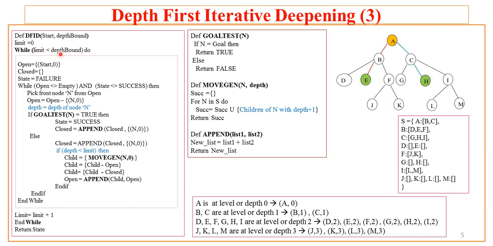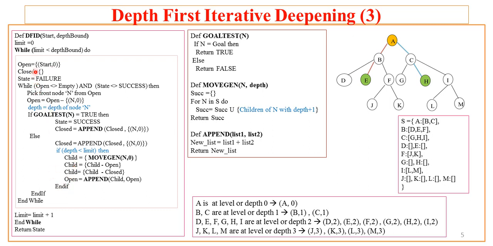It should be less than the depth bound. So initially the limit is 0, and assuming the depth bound is 3, this condition is true, so it gets into the loop, where the actual behavior of the algorithm is simulated.